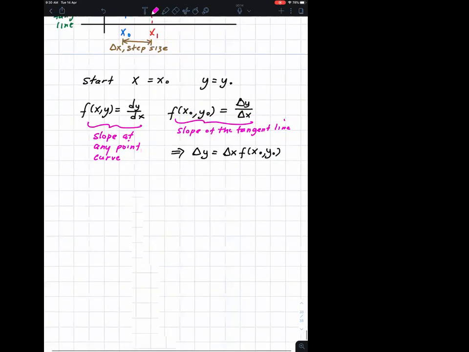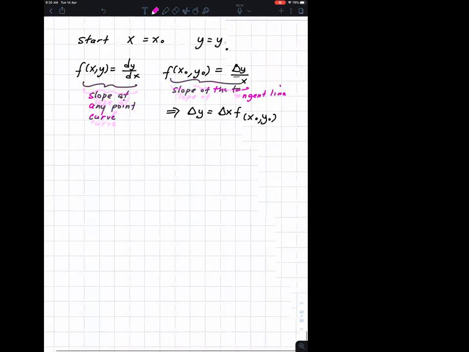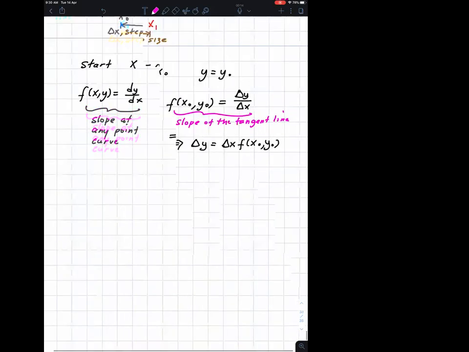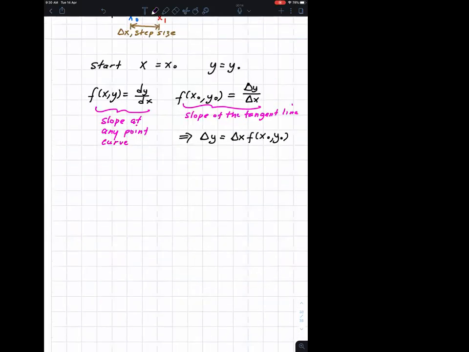Okay, after you draw the tangent line, we can approximate the next point by finding x1. x1 is the next point: the initial point, the given point, plus the step size.